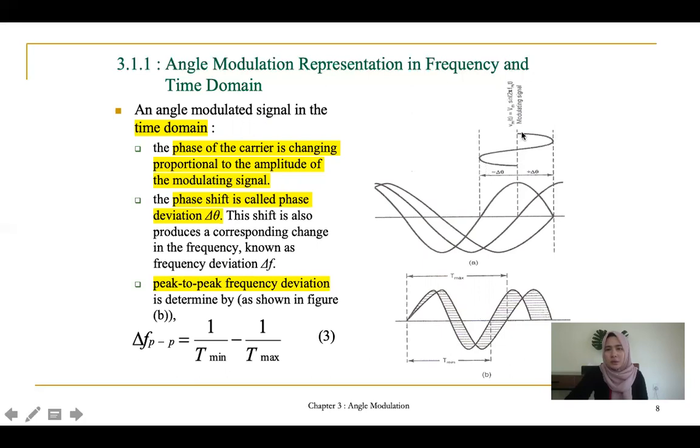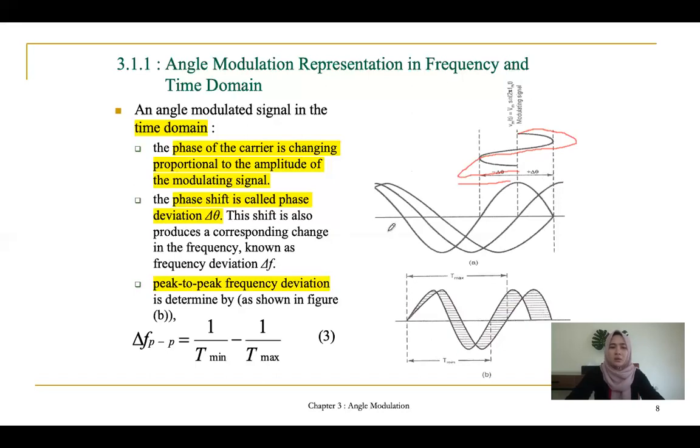Meaning if the modulating signal amplitude is higher, then the delta theta here will be higher. So the phase difference between the first signal and the second signal will be higher.